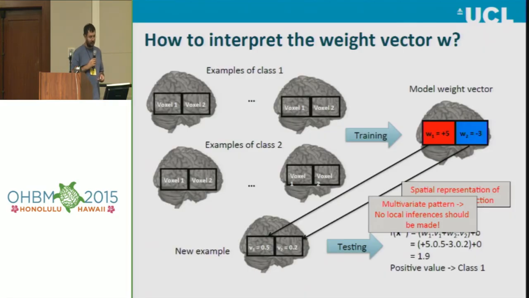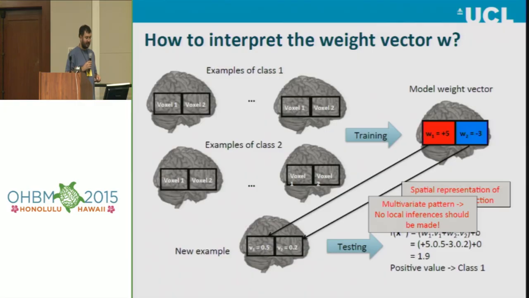So how should we interpret the weight vector? We can go back to the simple example where we've just got two voxels. We've got examples from the first class at the top, and examples from the second class below that. We've done the training and learned this model weight vector that helps us distinguish between the two classes. When we have the test example at the bottom with particular values for the voxels, here I think 0.5 and 0.2, we apply the predictive function by multiplying by the model weight vector.